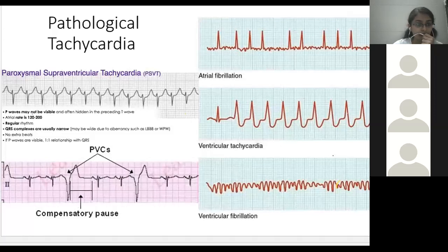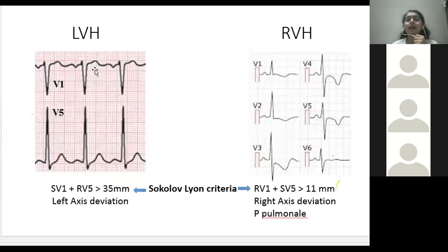Okay. Now, the other cardiac pathology that can be identified by ECG is LVH and RVH. LVH, the left ventricular hypertrophy, RVH, right ventricular hypertrophy.